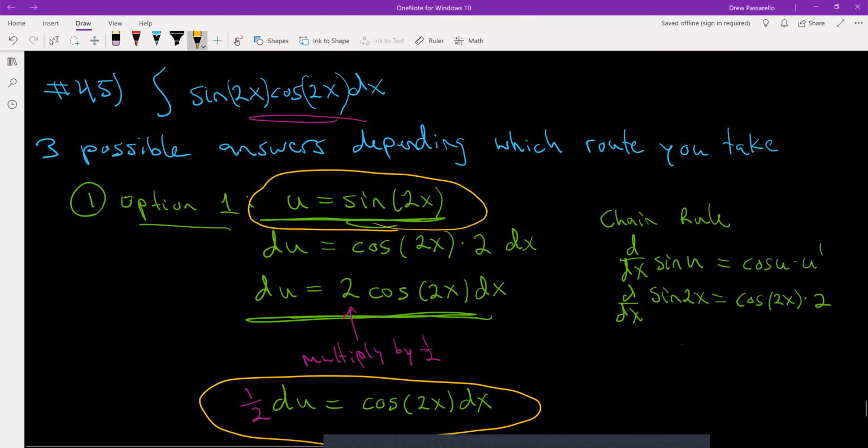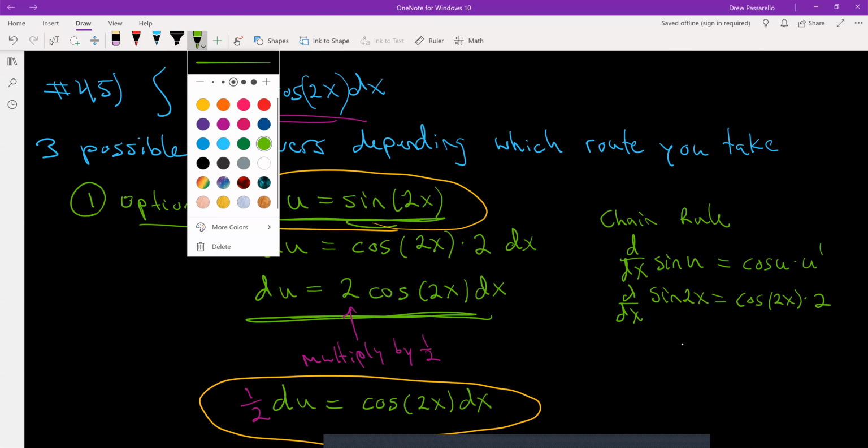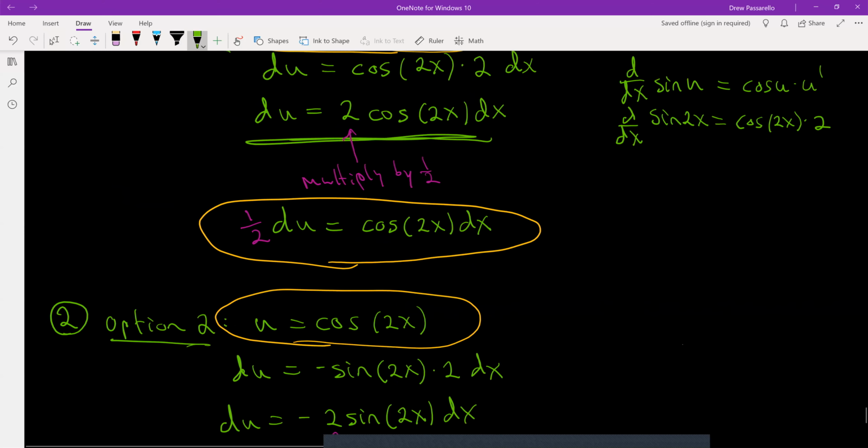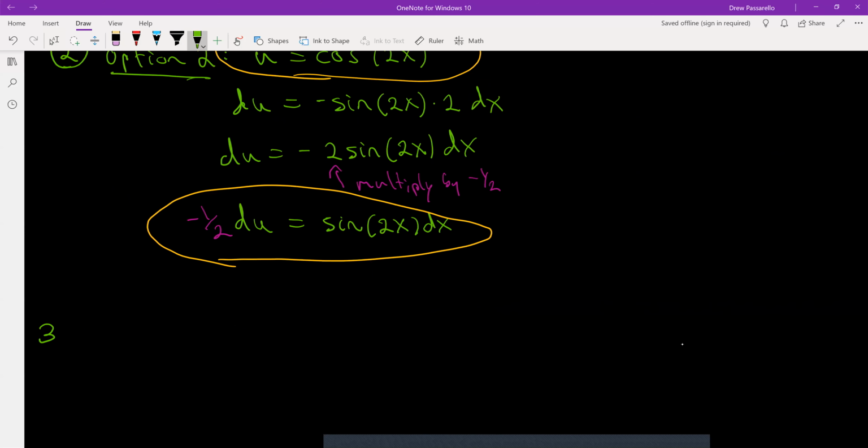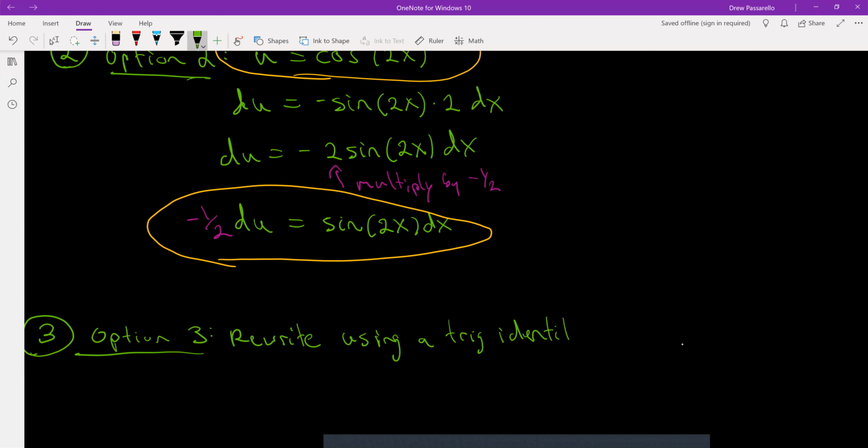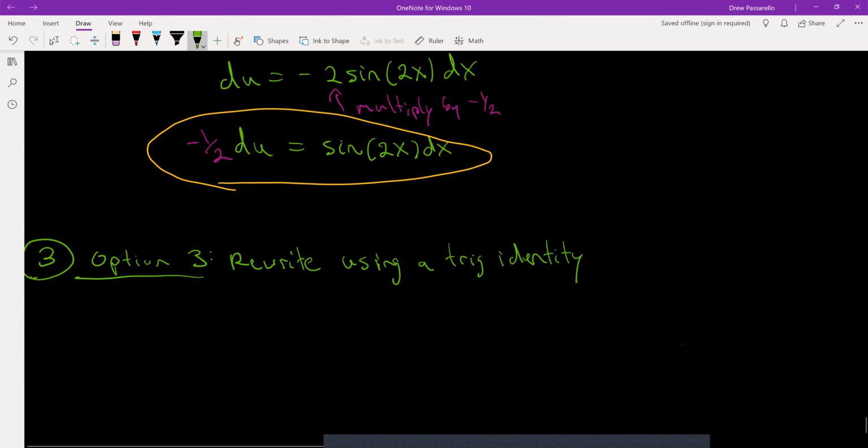Now the third option is to use a trig identity to rewrite the problem. So you would rewrite the integral using a trig identity. There's a double angle identity for sine.